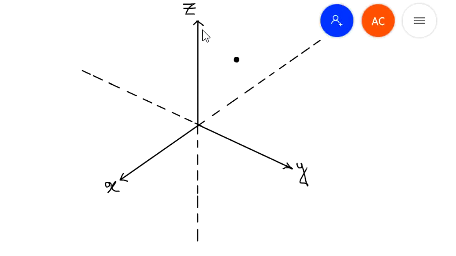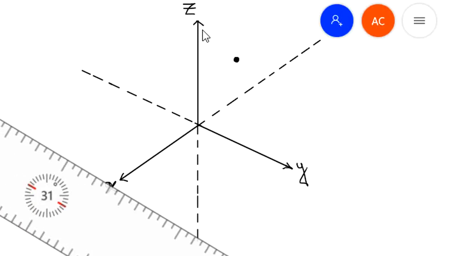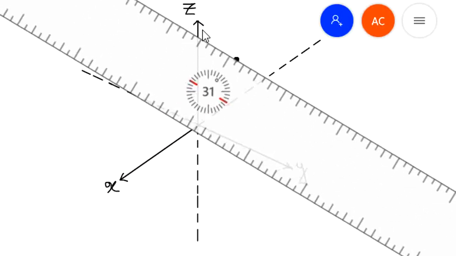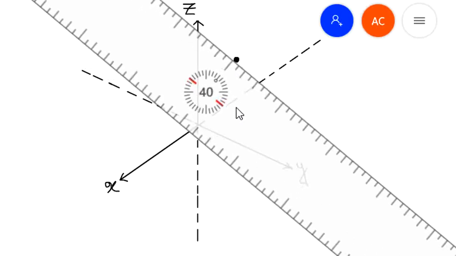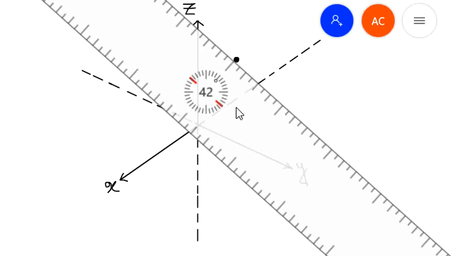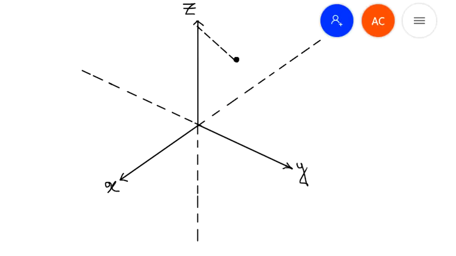To have this distance from z axis, let's rotate the ruler. Suppose this is the distance from central axis. So this is rho. This distance that we have taken right here is the radius of the cylinder, rho.